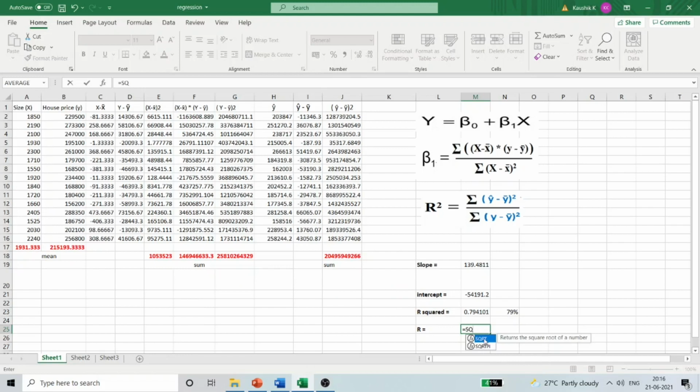It's a very simple formula. Just a typing mistake. SQRT of this value should give me the r value. So the r value is 0.891123. So we have all the metrics now.